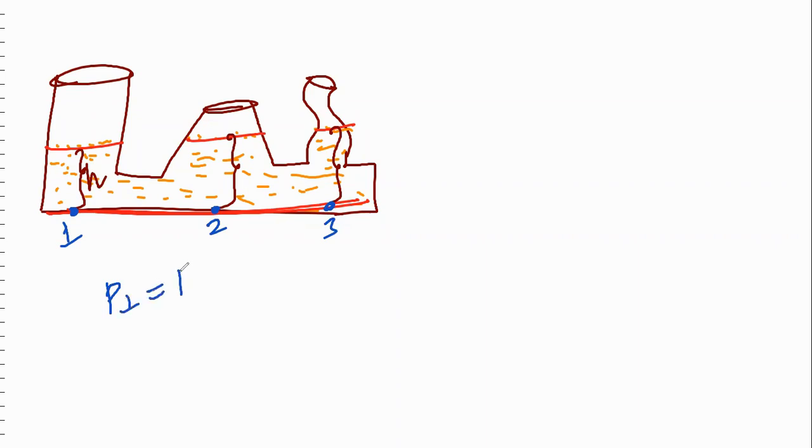So P1 is equal to P2 is equal to P3. So this is called gauge pressure. That's the hydrostatic paradox. We'll say hydrostatic paradox.